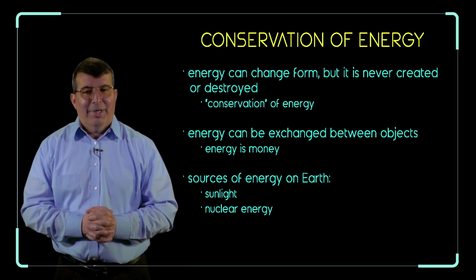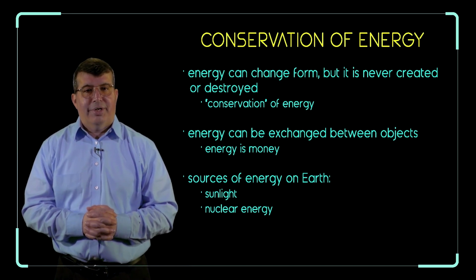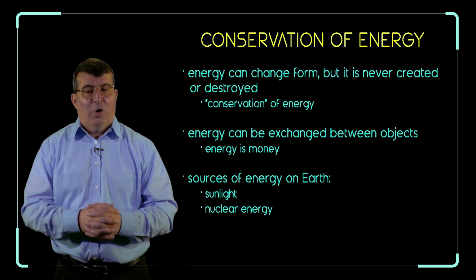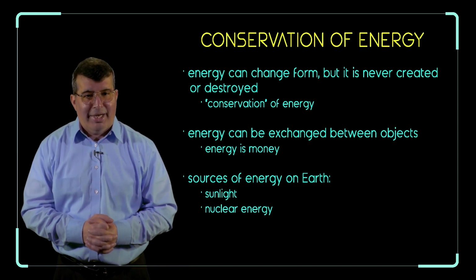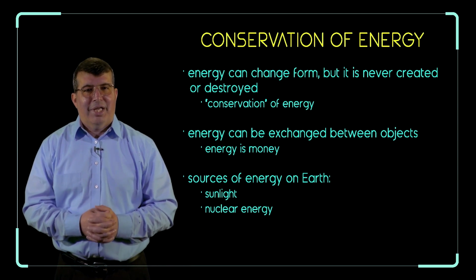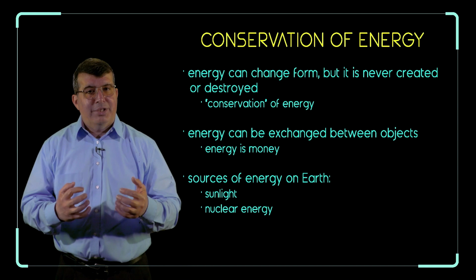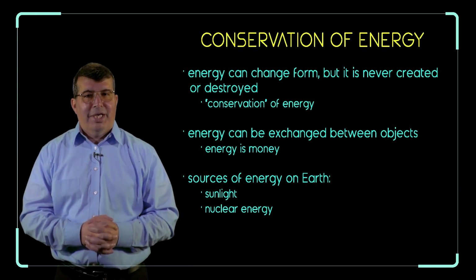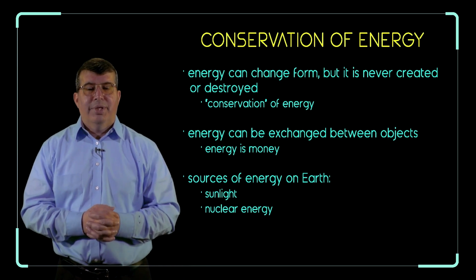Our income is from the sun. You can think of gasoline, oil, natural gas. All of those are really our savings account, okay? The sunlight fell on the earth long ago, and some of it went into our savings account. And our savings account of energy are these fossil fuels.